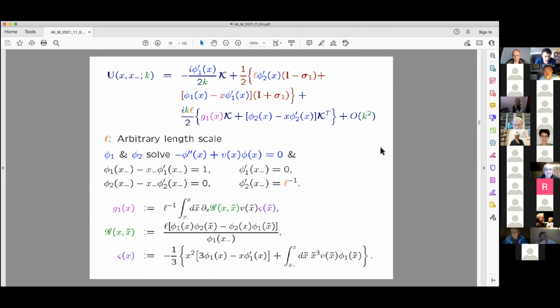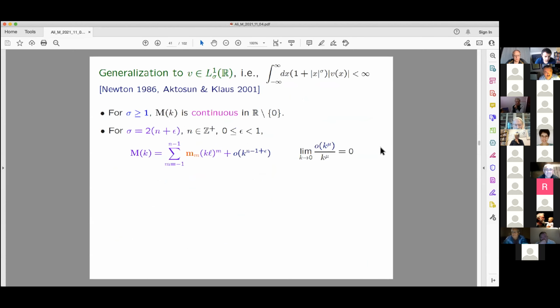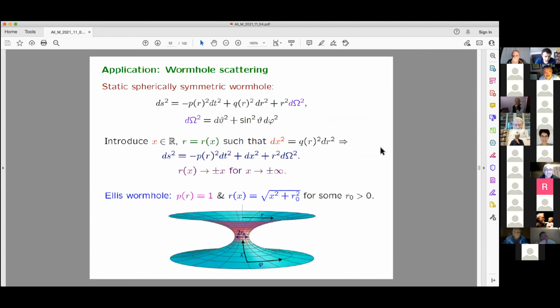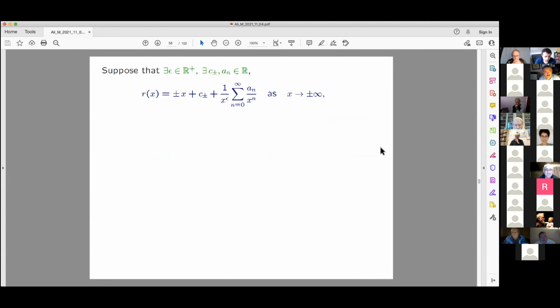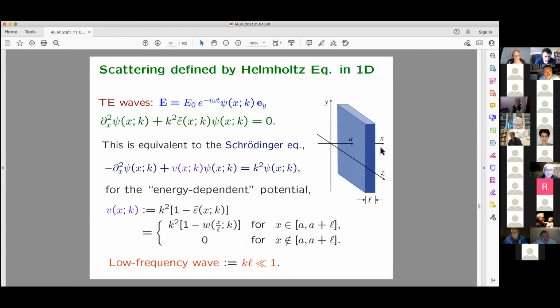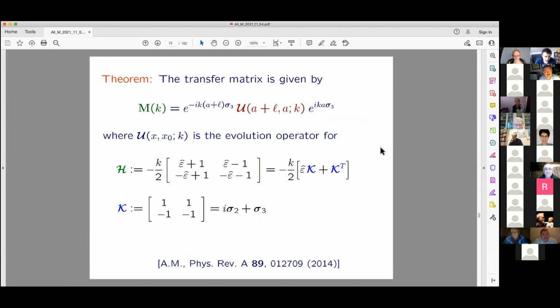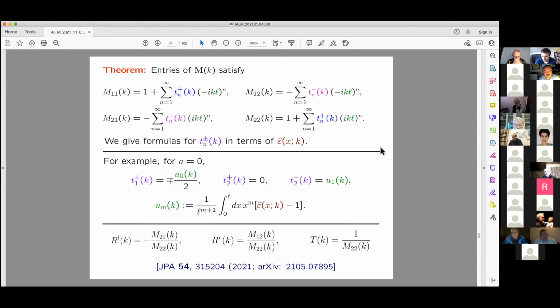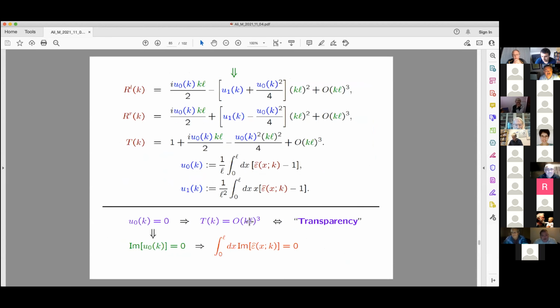Actually, it should be T equals 1 plus order k. Yes, I missed the 1. Okay, that's all.